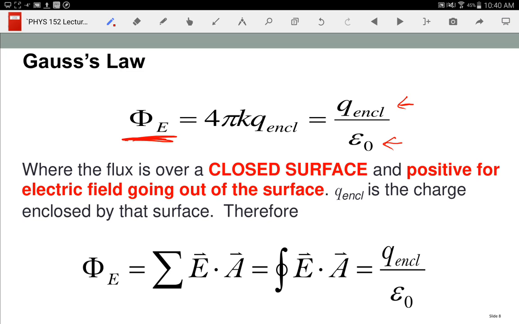Go back to, I think it was Reagan that asked me, how do you determine how many lines to draw? And I said it's arbitrary, but you have to be consistent, right? So if this is twice the charge, it has to have twice the lines. Well, with Gauss's law, what we have is a physical constant, the permittivity of free space, that is essentially the ratio between the number of lines and the amount of charge.